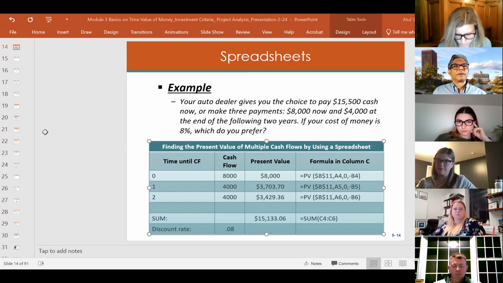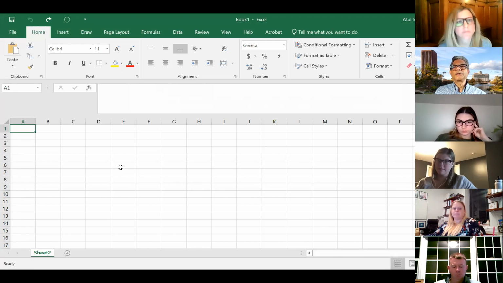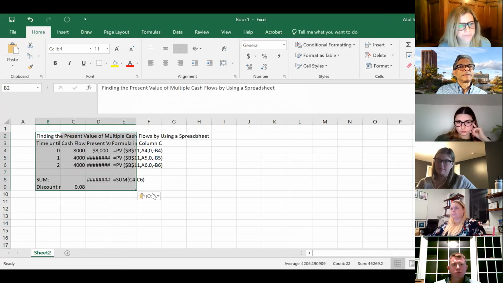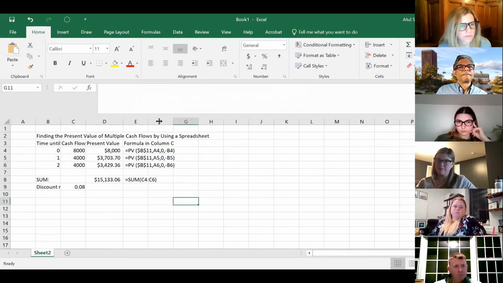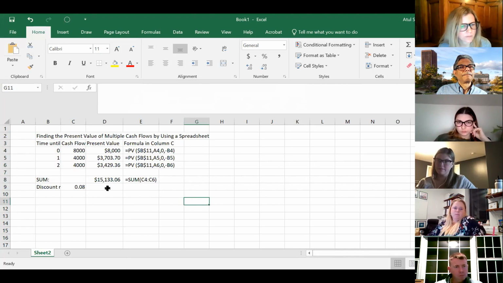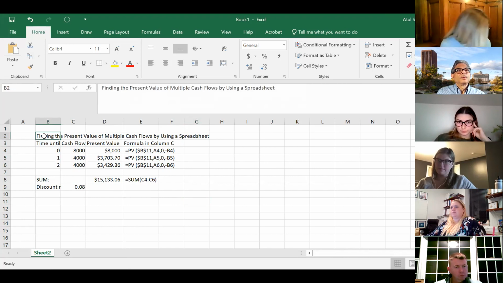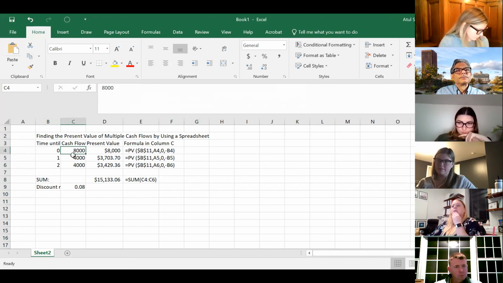New share. Can you see the spreadsheet? So I'm just pasting it here. So my cash flows are time 0, 8,000; time 1, 4,000; time 2, 4,000.